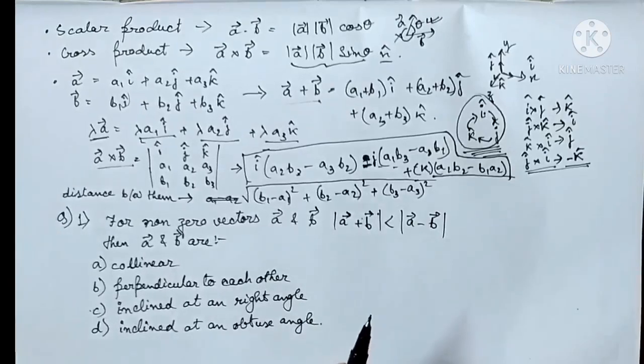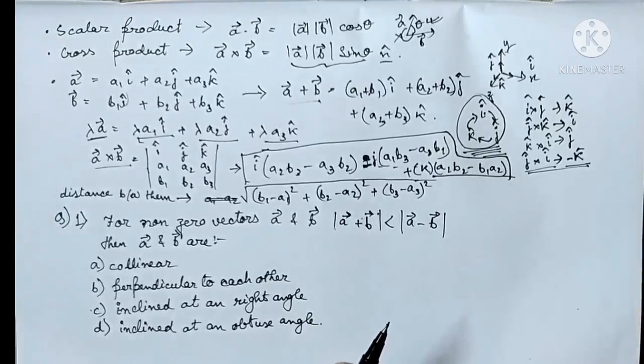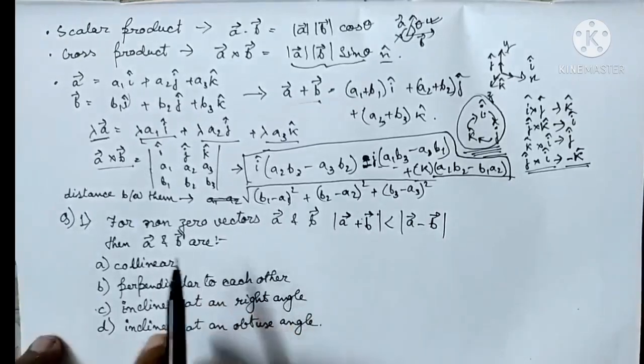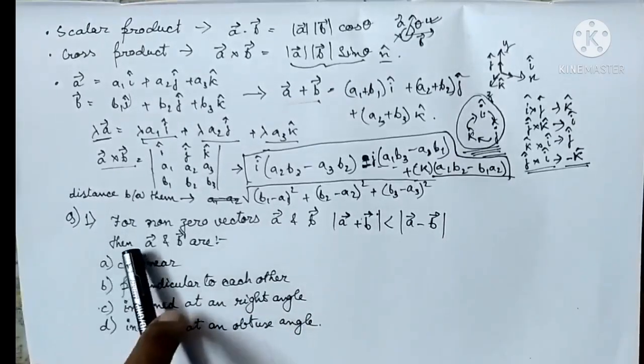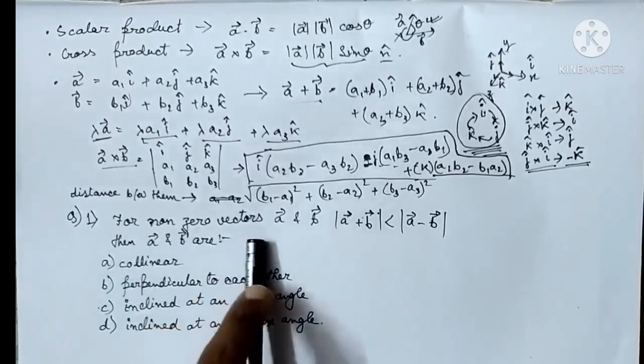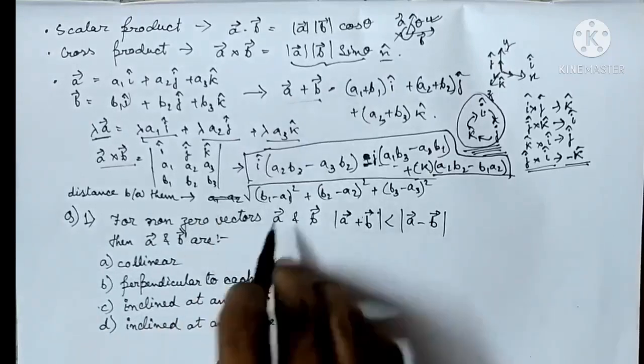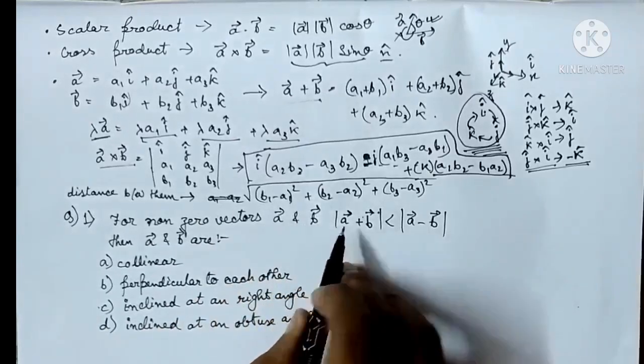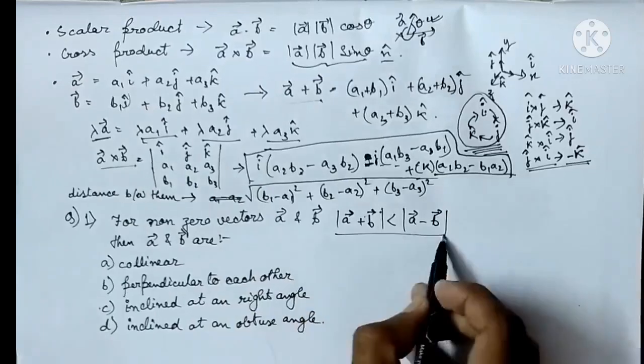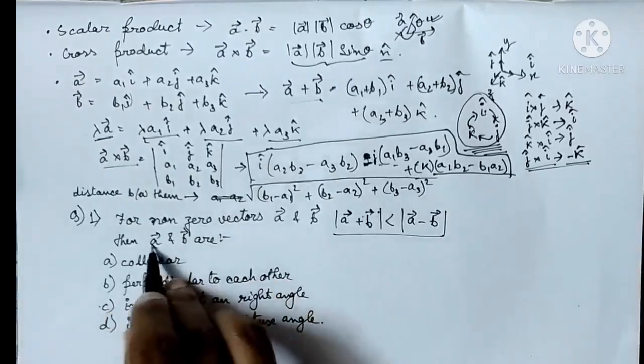Suppose this is a question from the previous years, and it is for non-zero vectors a and b. We have these equations, then a and b are.